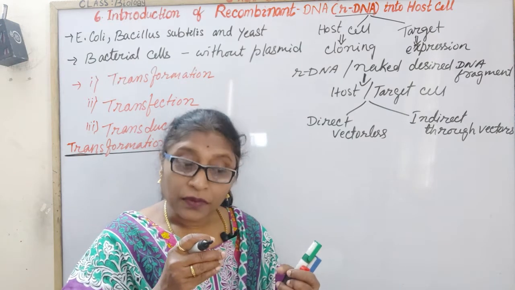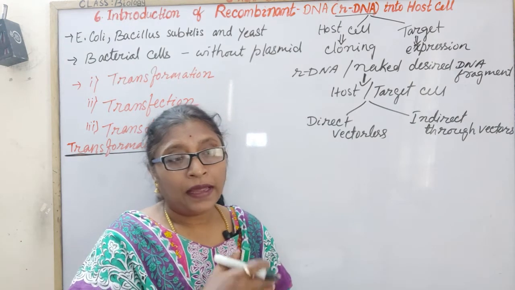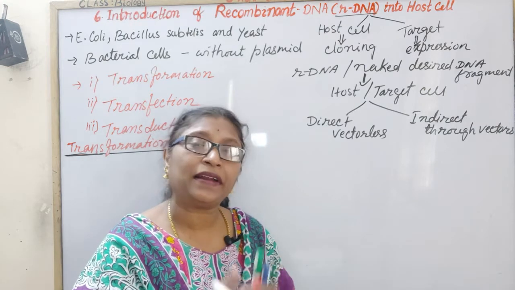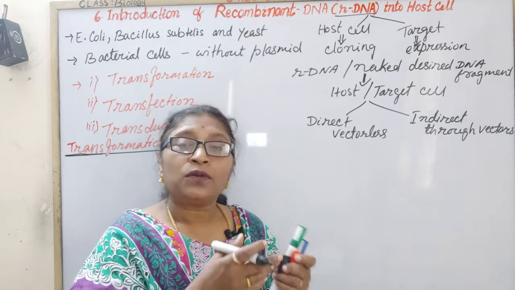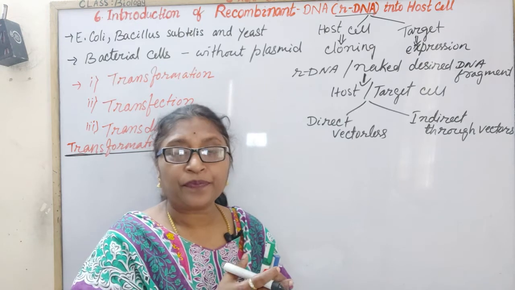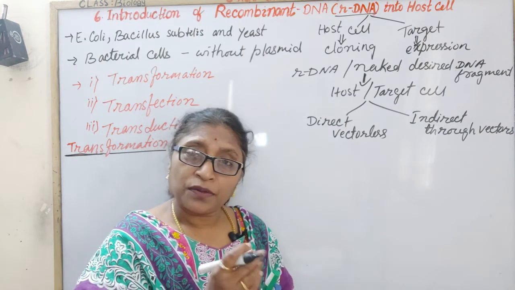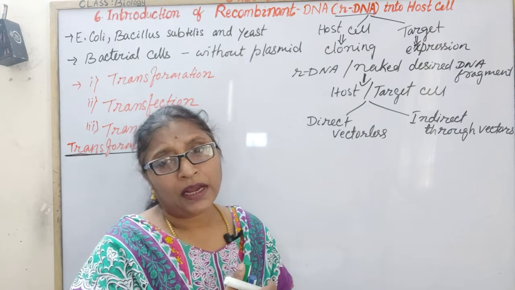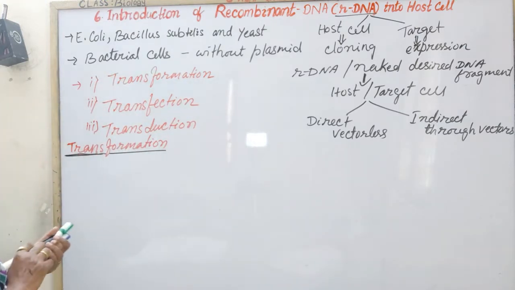Then the naked DNA is also placed with it, and there is direct uptake of the DNA fragment and its incorporation with the host DNA, resulting in the recombinant within the host cell, which can be cloned. So, what is transformation?